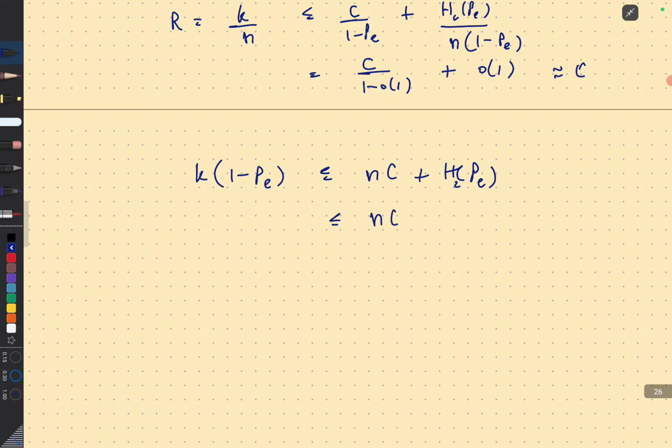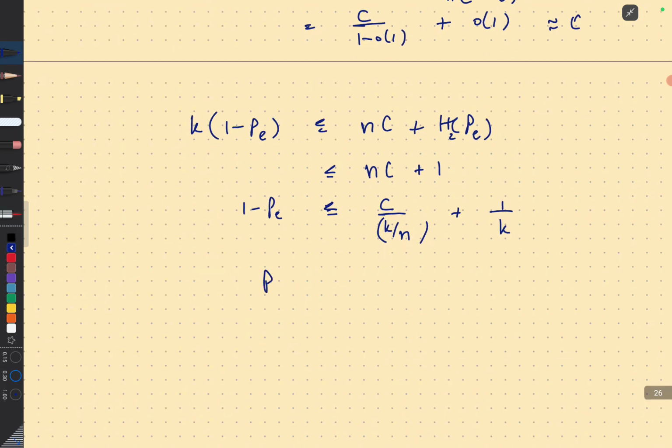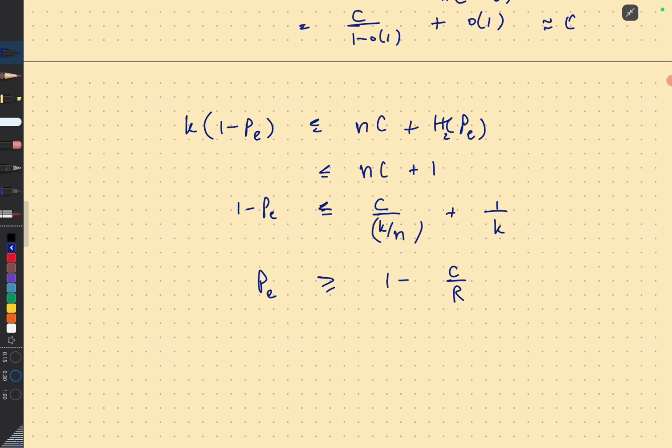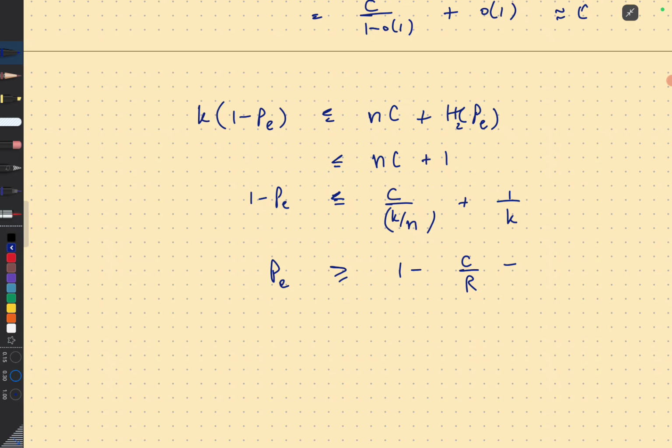So this is less than or equal to n times the capacity plus 1, or 1 minus PE is less than or equal to C by K by N, I've divided both sides by K, plus 1 by K, or PE is greater than or equal to 1 minus C by K by N, but K is N times R. Right? So it's 1 minus C by R minus 1 by K.